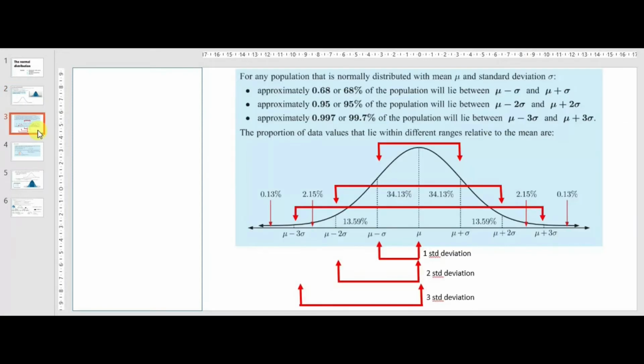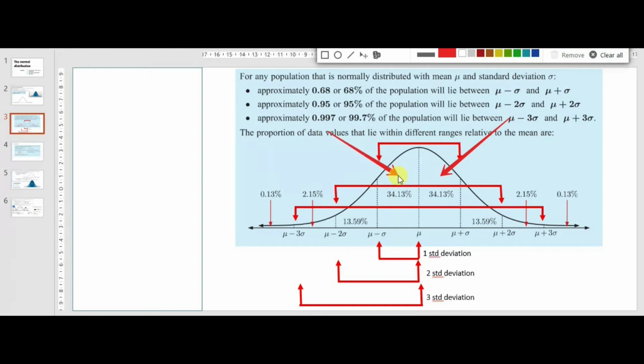For any population that is normally distributed with a mean mu and standard deviation sigma, approximately you will see in these diagrams 0.68 or 68% of the population will lie between the mu and one standard deviation, which is something here on both the sides. So 68% of your population of the data will lie between these 2 points.